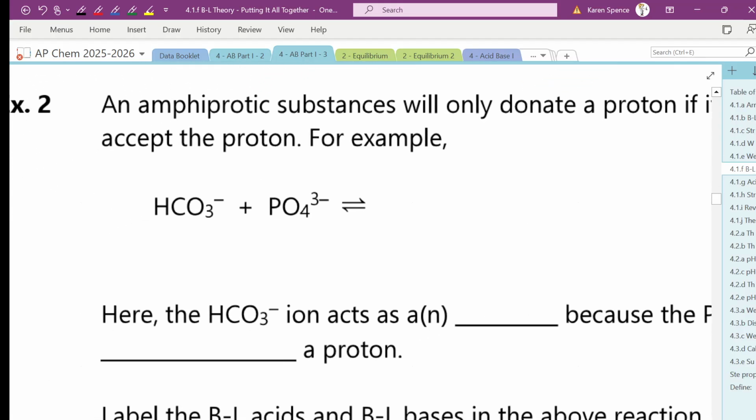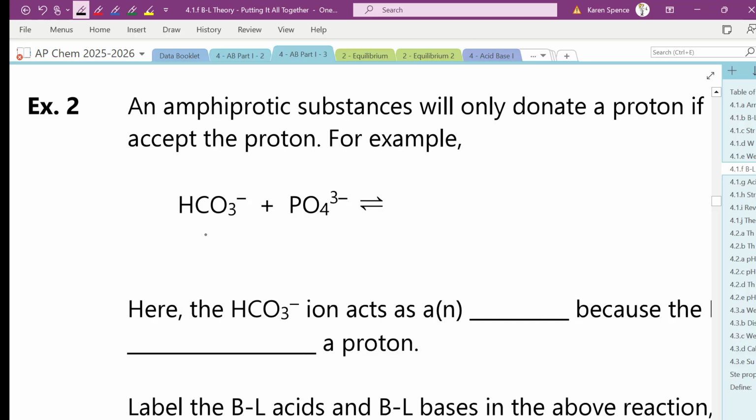Now, if we have HCO3 minus, what type of substance is it? Is it an acid, is it a base, or is it something else? It is amphiprotic.